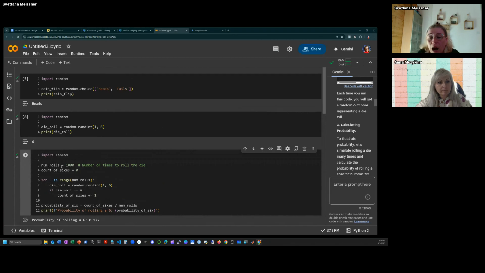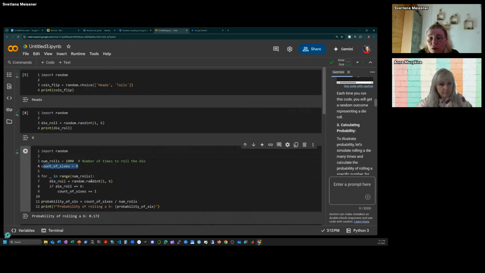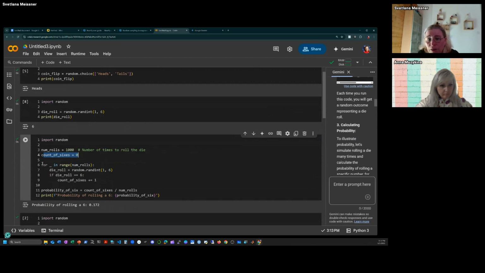Now we are generating this number 1,000 times, counting how many times we got a 6. In this loop, every time rolling the die and calculating how many times we got the 6, we have the probability of rolling a 6 as 0.1772, and the probability for the die should be 1/6, and it's a very similar number.